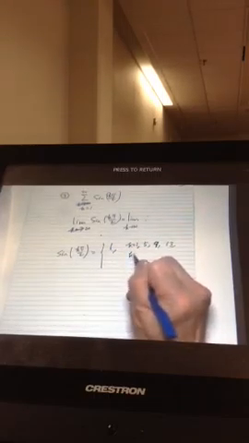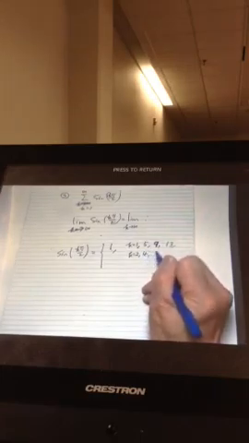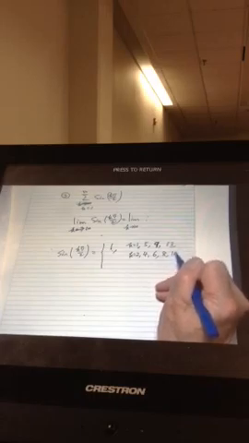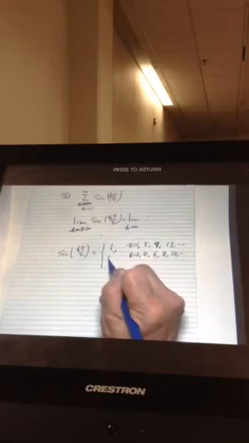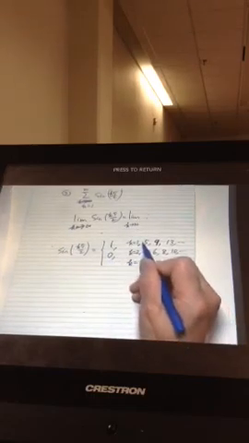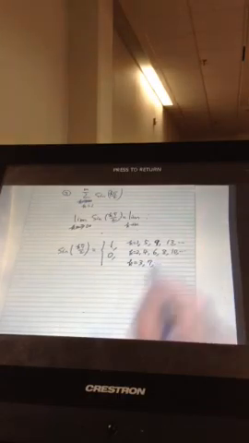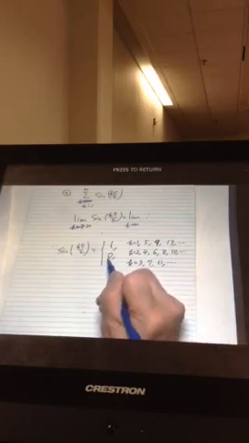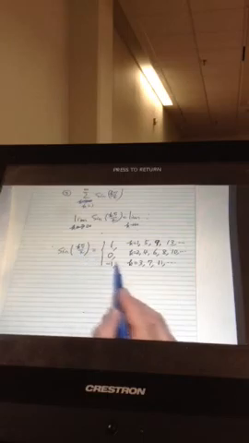But if k is an even number, 2, 4, 6, 8, this is 0. And if k is 3, 7, 11, those numbers, this is negative 1, because when k is 3, sine of 3 pi over 2 is negative 1.